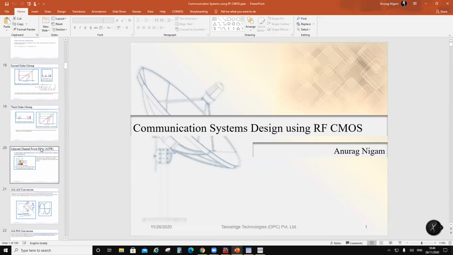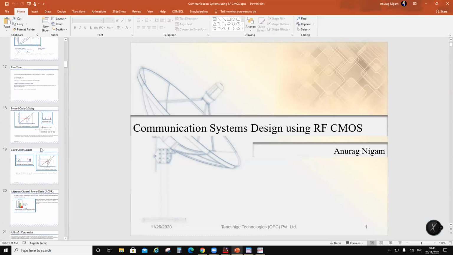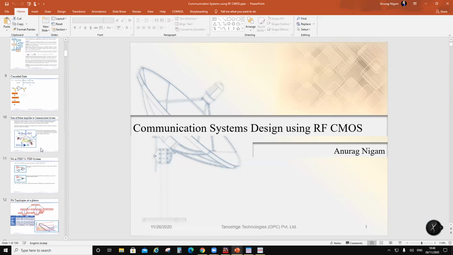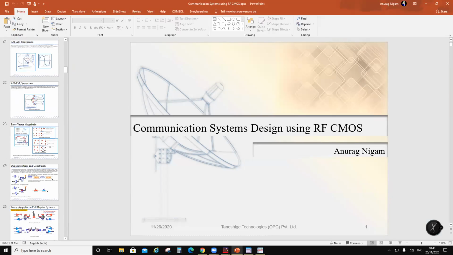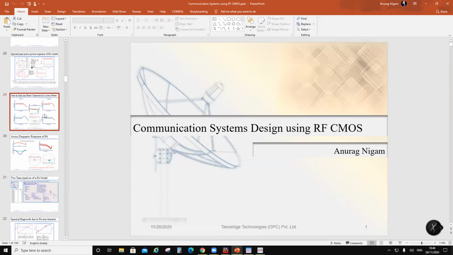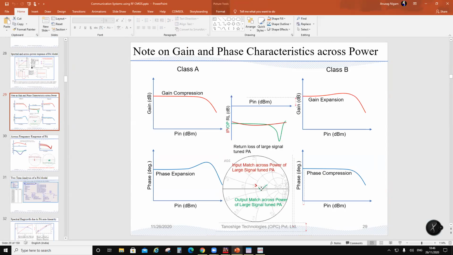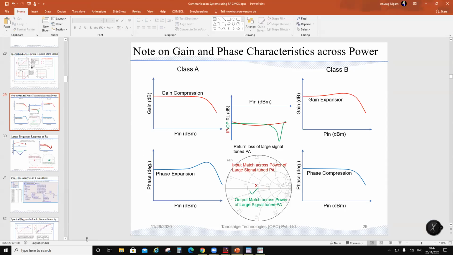Let me show you the input output match. I don't know where I showed you the match. Okay, over here. I'm just drawing one frequency. So one side of this is small signal. You are tuned like this. This is an LNA match, while this is the output side. The input side is a small signal match because there the powers are very low, so they are not going to do a lot of excursion.